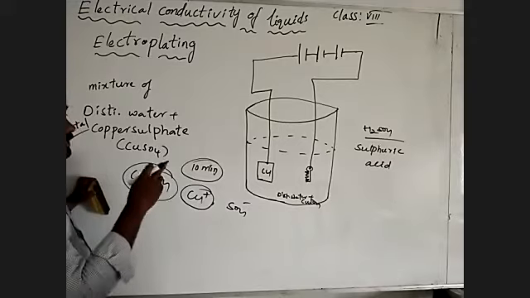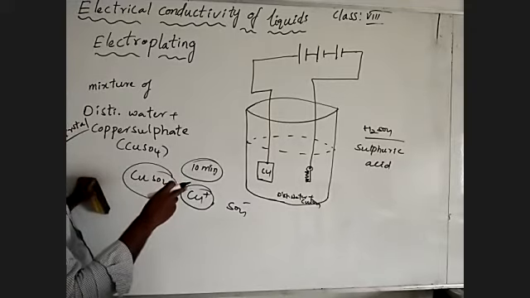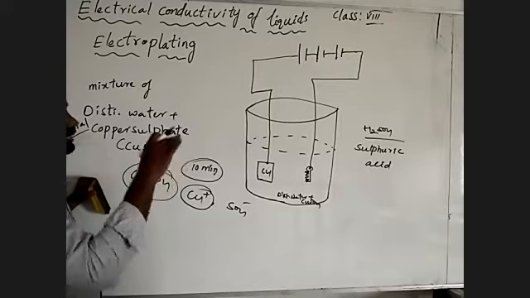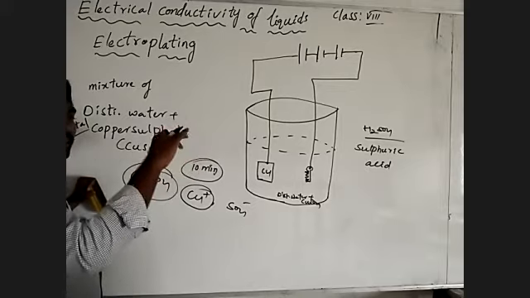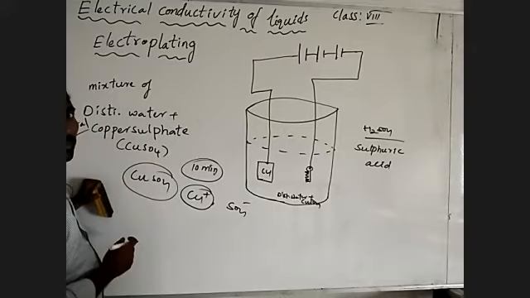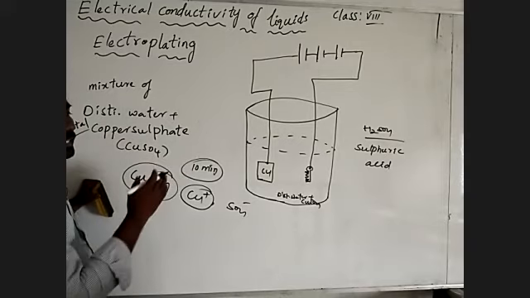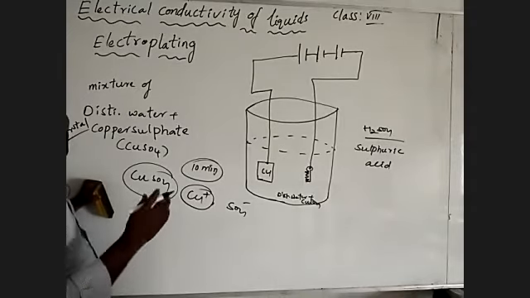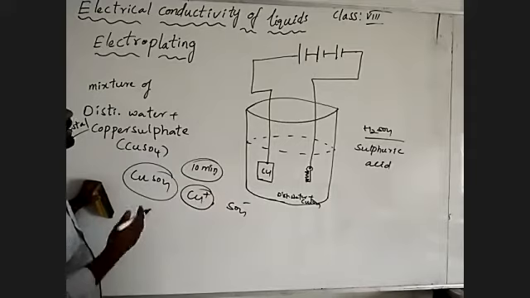So due to the electrolysis process, due to the decomposition reaction, the copper is coated on the surface of the iron nail. So why do we coat one metal with another metal? The coating of one metal onto another metal is what we call the electroplating method.